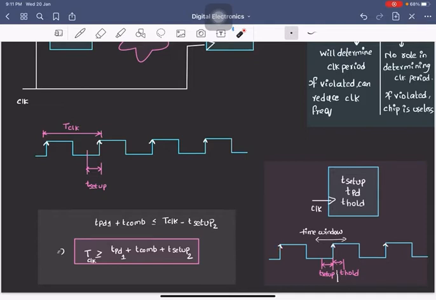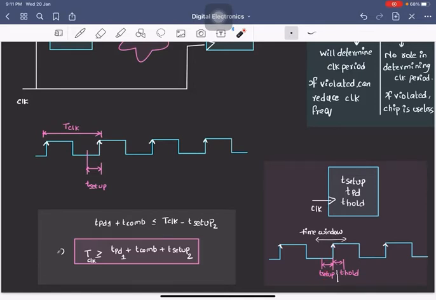There are two timing parameters for a flip-flop, known as setup time and hold time. Setup time means that before the rising edge of the clock, the input applied to the flip-flop should be stable for at least t setup time.